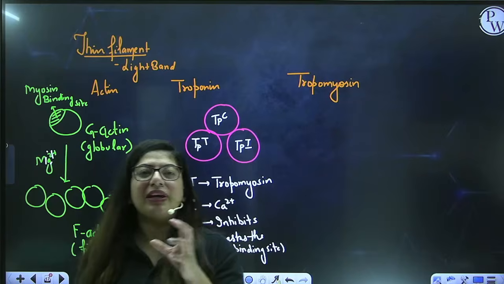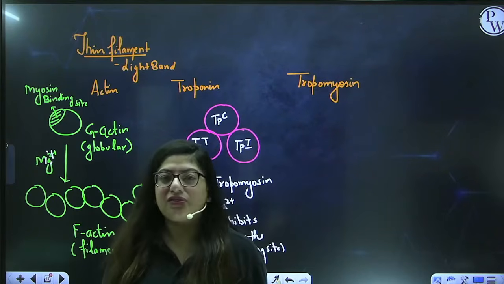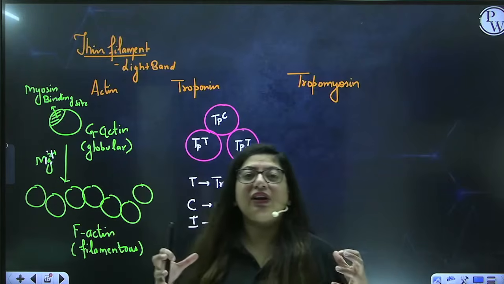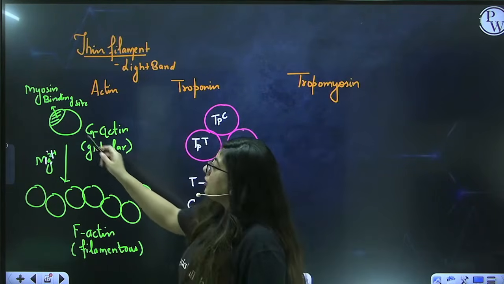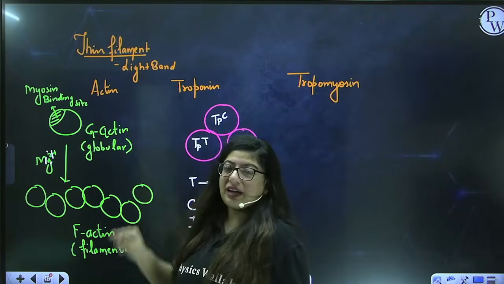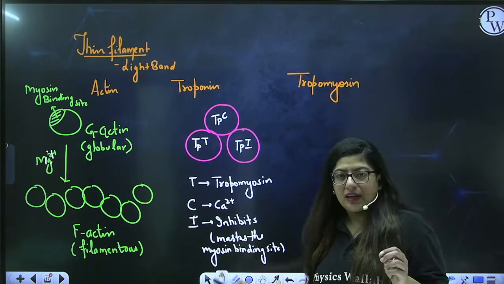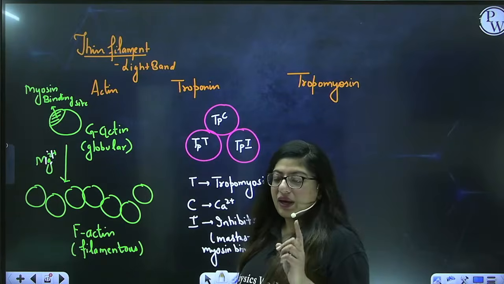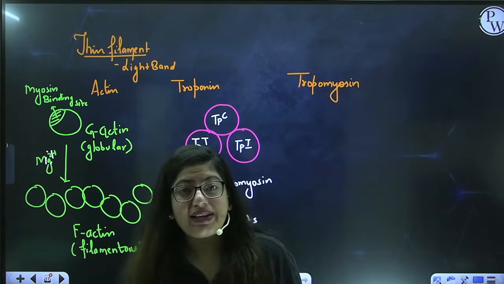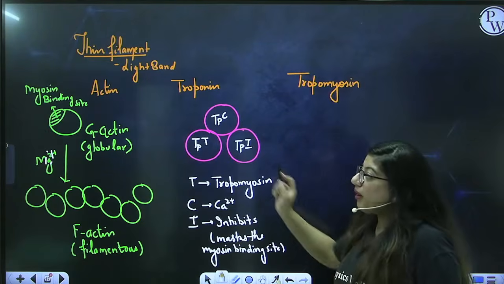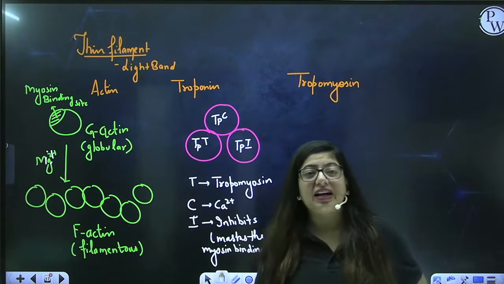This will make sure that actin and myosin will not join, right? They will not live together. So here, the G-actin's myosin binding site is always covered by this troponin I during the relaxation state. Whenever the muscle is relaxing, troponin's component troponin I will mask or cover the myosin binding site on actin.